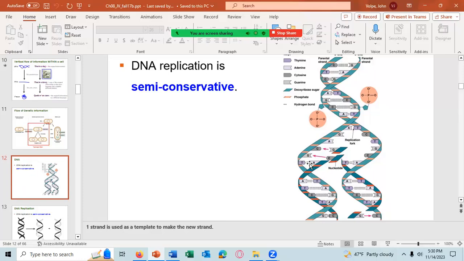Then the DNA polymerase will move down and we'll see a G and we'll add a C. And then it'll move down and see a C and add a G. So one strand is used as the template to make the newly made strand. And then this strand will be used as a template to make this strand. Semi-conservative DNA replication. Any question about that?